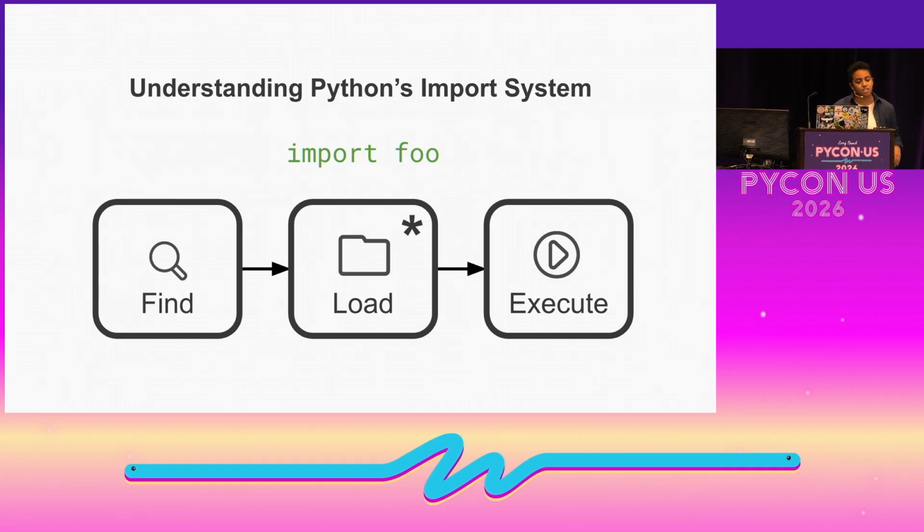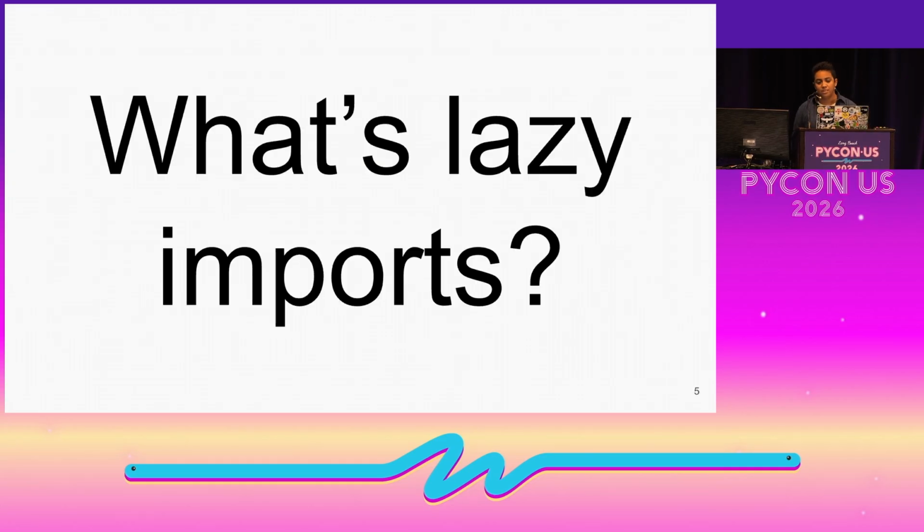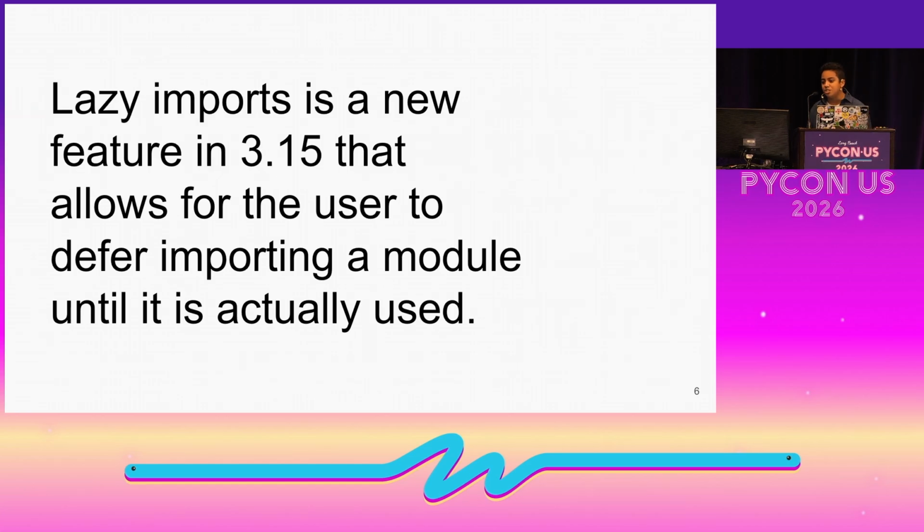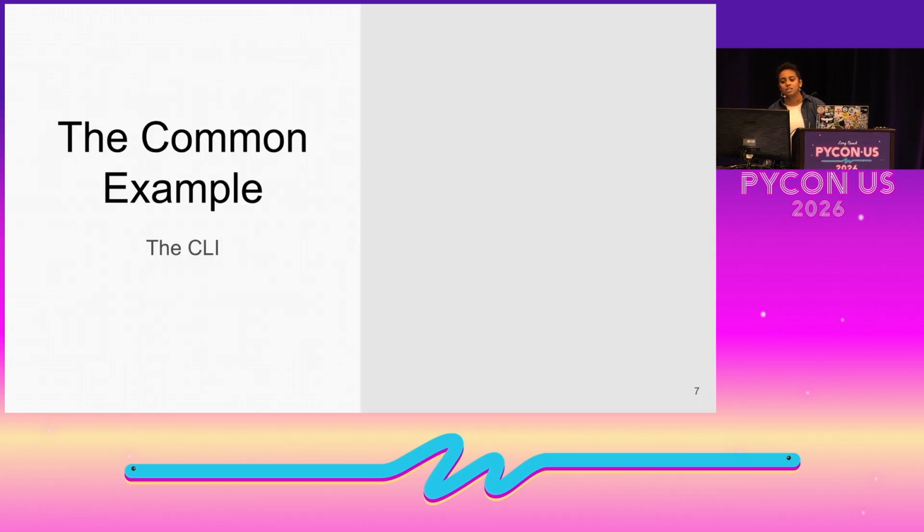And this brings us to the topic for today, lazy imports. Lazy imports is a new feature in CPython 3.15 that allows the user to defer importing a module until it's actually used. The common example that people tend to refer to when talking about lazy imports is the CLI. Most of us here have probably used a command line interface and have experienced the pain of iterating with a slow one.